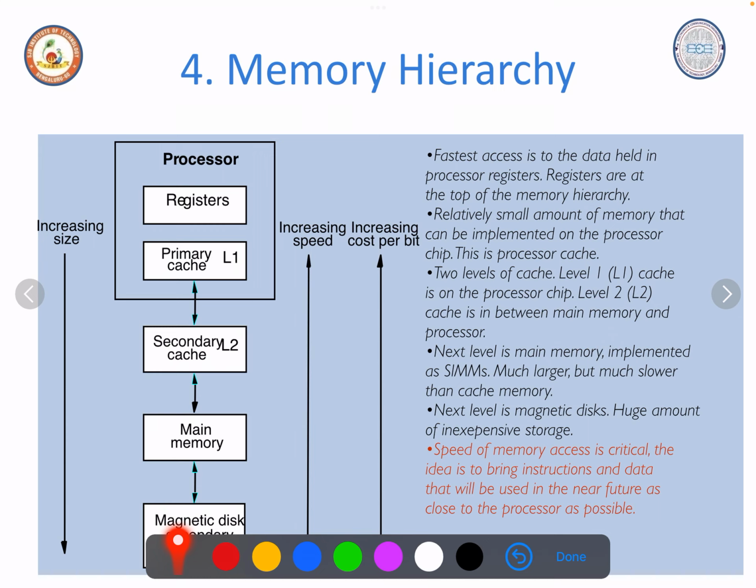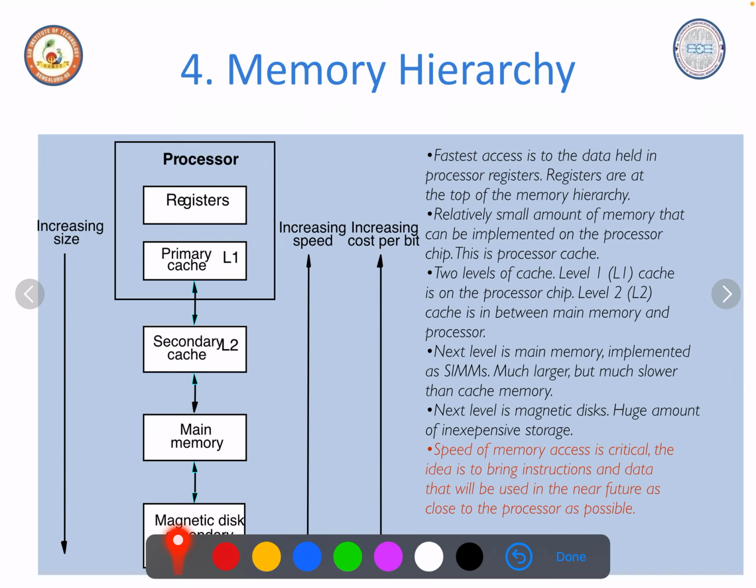The next level is the main memory, usually implemented through SIMM, single inline memory modules, much larger but slower than the cache memory. The next level is the magnetic disk, where you can store a huge amount of data, and it is inexpensive.